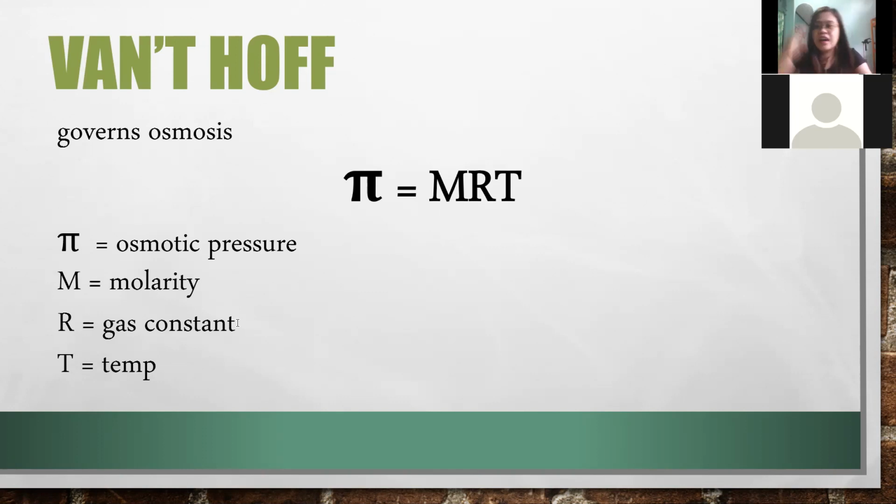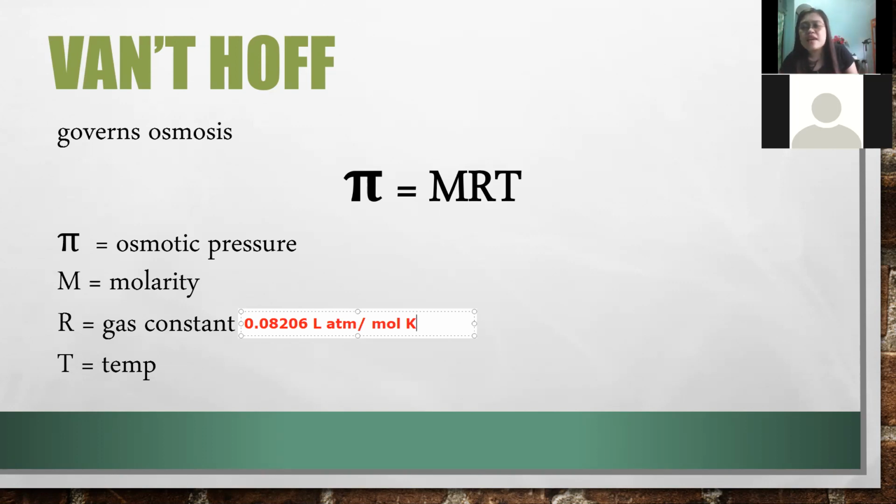Now, what is the gas constant? It's 0.08206 liter ATM over mole K. So that's the unit of the gas constant.